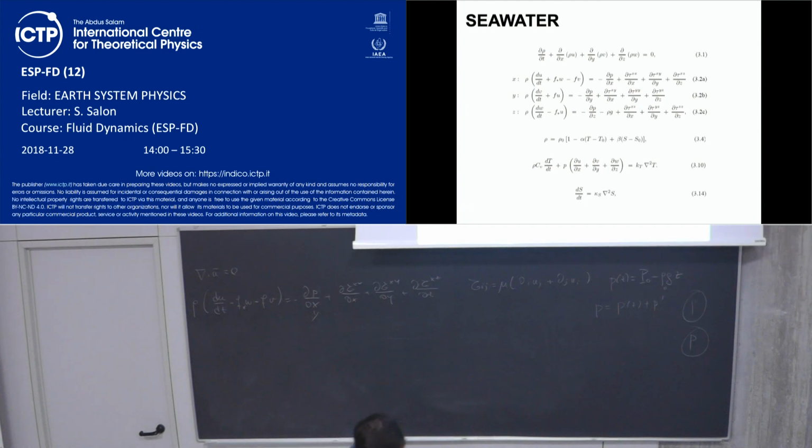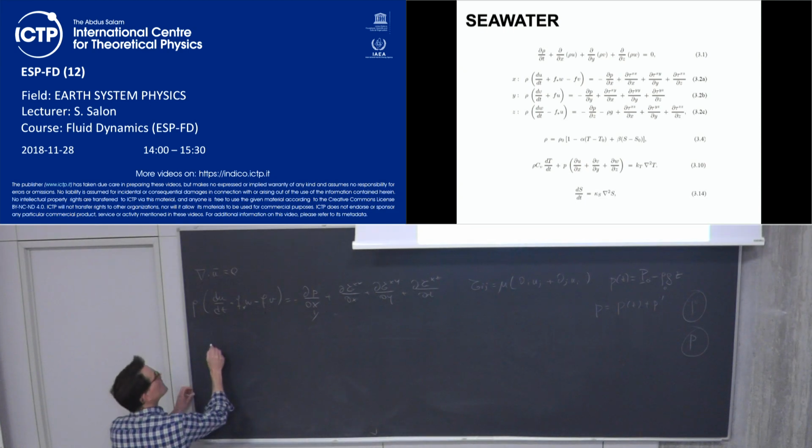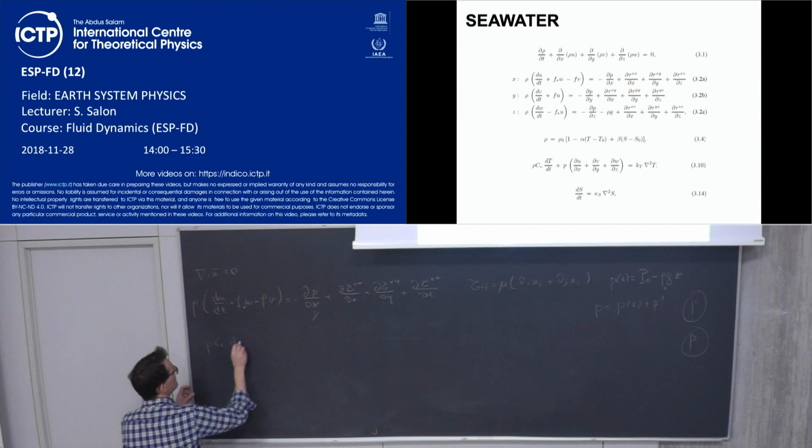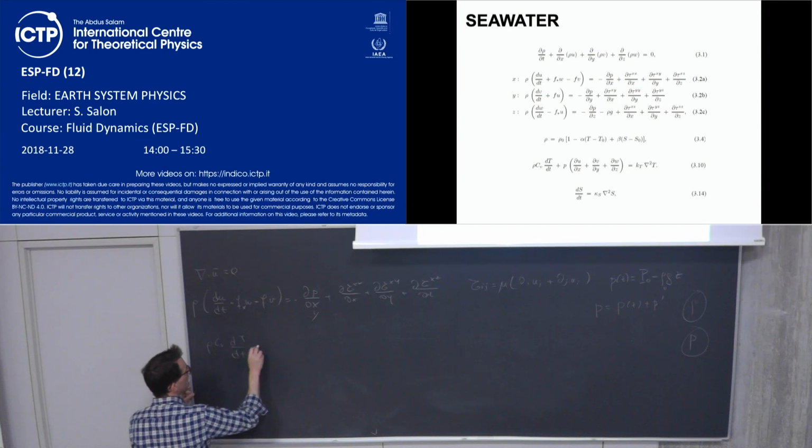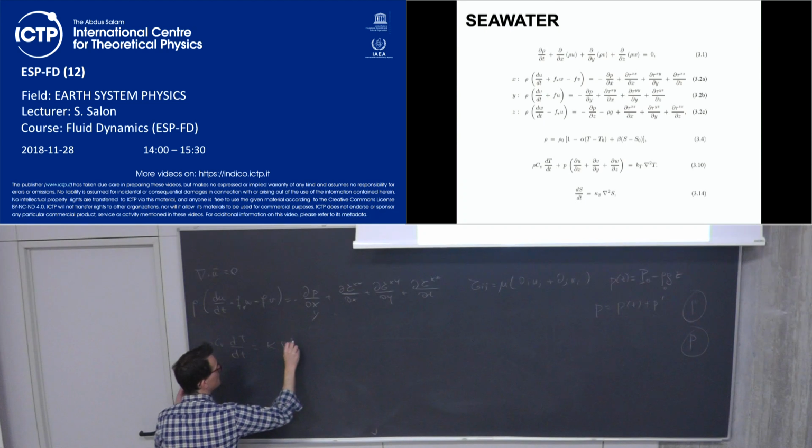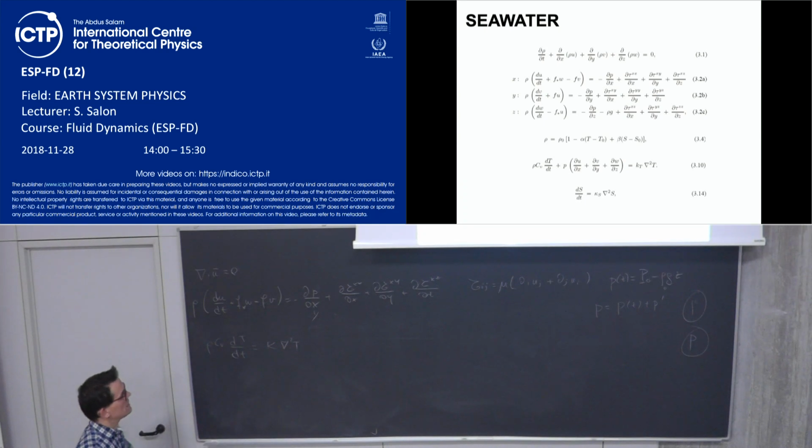And we can even take into account the equation, so we have rho Cv dT/dt, which is equal to k times the Laplacian of T. So this was the heat conductivity. This is the density, of course, here it is rho 0.